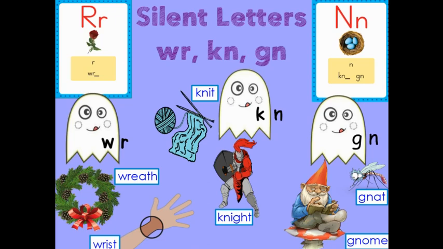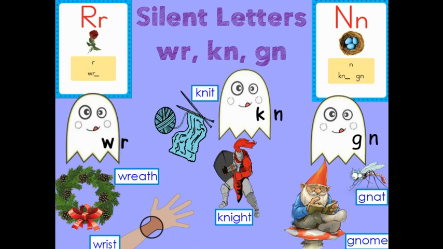The past couple weeks, we've been really focusing on vowels. We talked about short vowel sounds, long vowel sounds, vowel pairs like vowel digraphs, and now it's time to move on to talking about consonants.